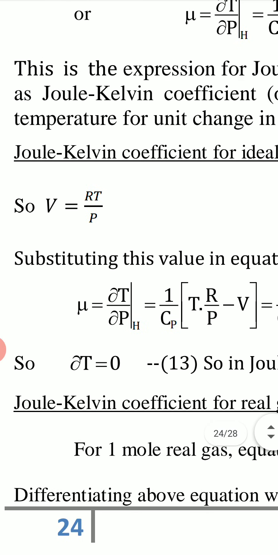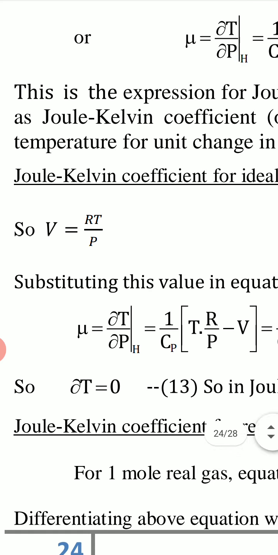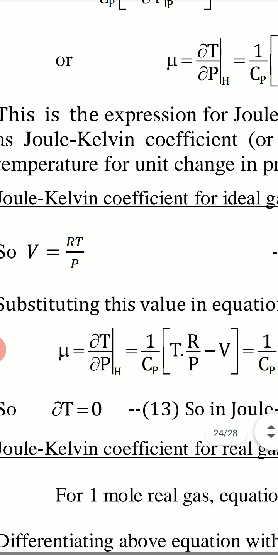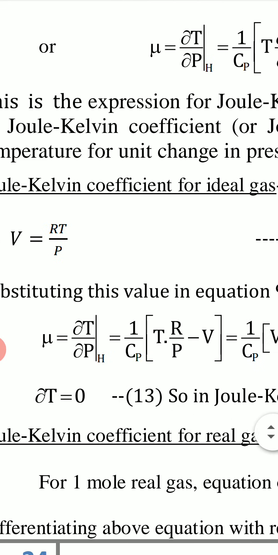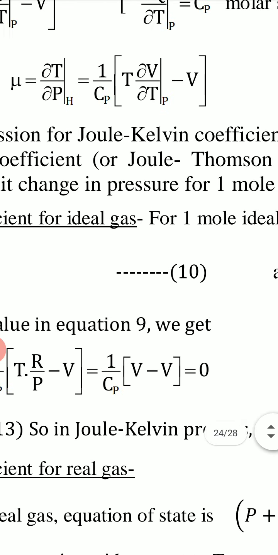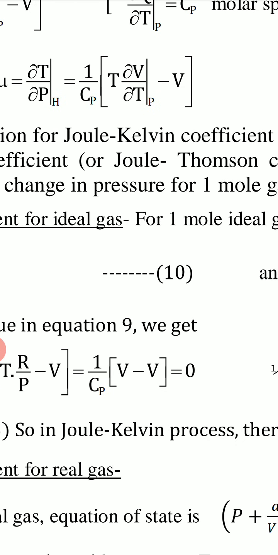So we have V equal to RT upon P, and we want to find this differentiation of V with respect to T, keeping P as constant.